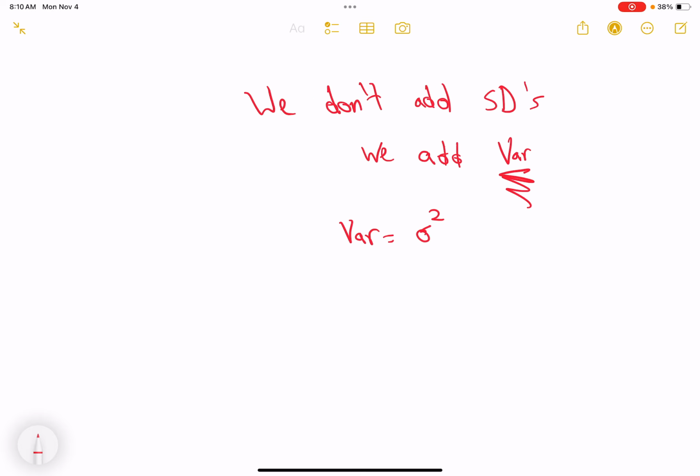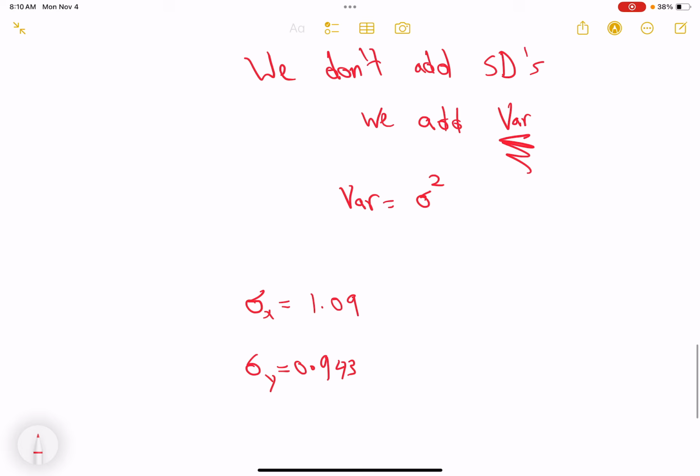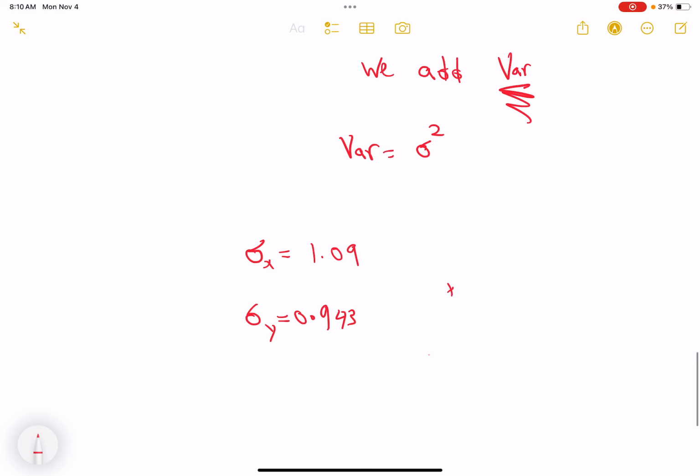So as you see by your equation on slide 29, if you want to add two standard deviations together, in this case I'm going to use Pete's and Aaron's. Pete's standard deviation is 1.09. And Aaron's standard deviation is 0.943. If I want to merge those together, what I have to do is find the variance of them first.